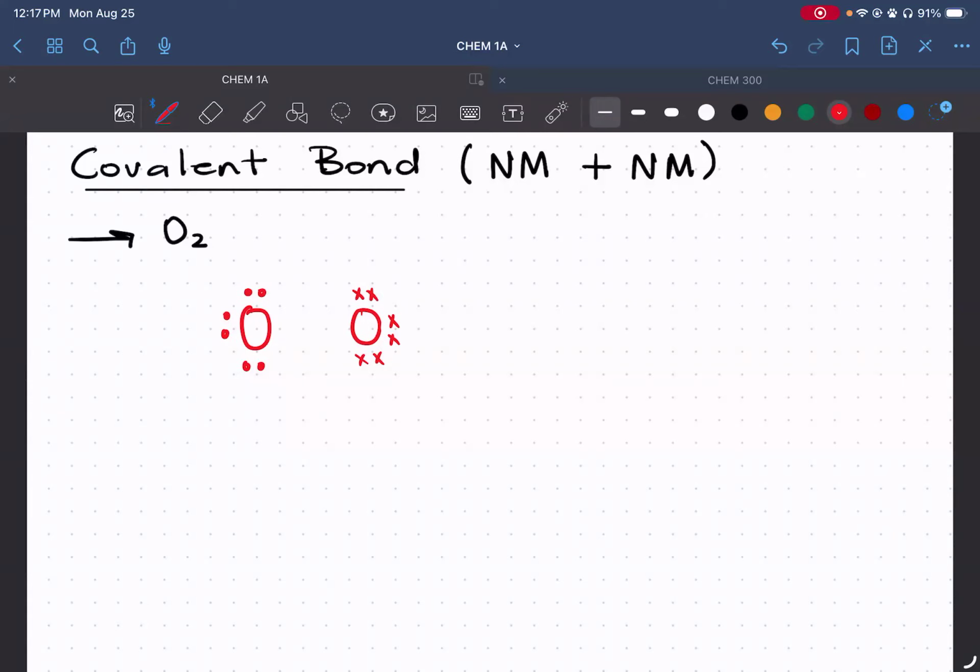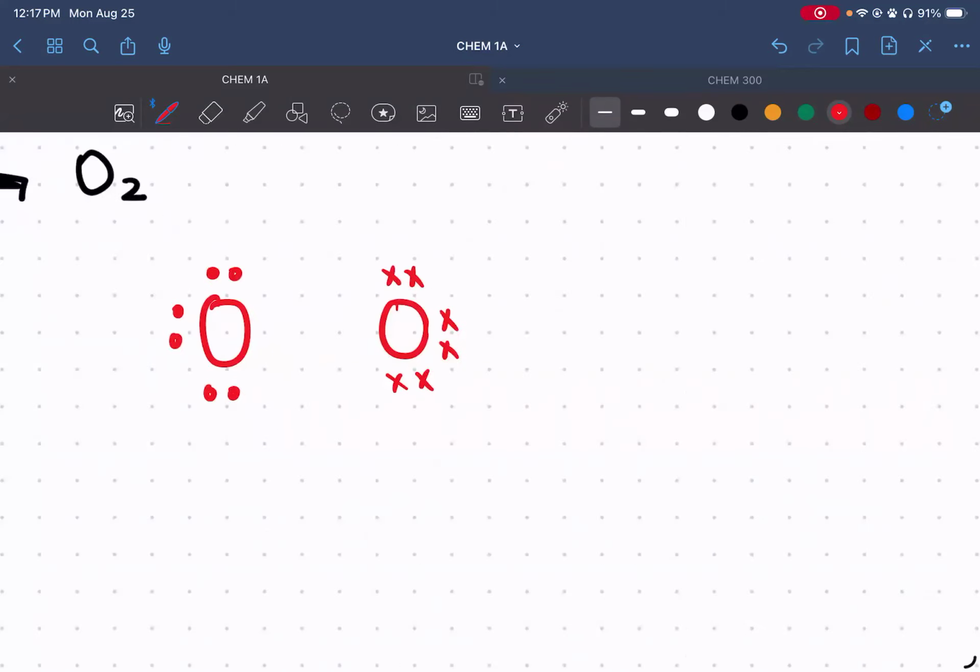They're in group 16. 16 has 6 valence electrons. We know that atoms are going to share electrons in an attempt to get to an octet. So we're going to share 1 electron from the oxygen on the left. We're going to share 1 electron from the oxygen on the right.